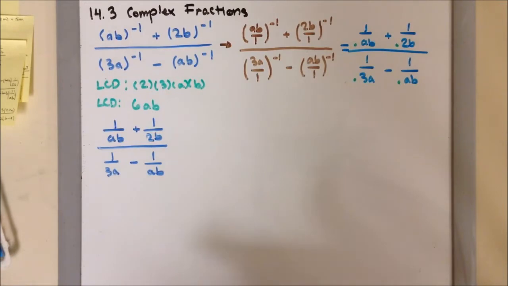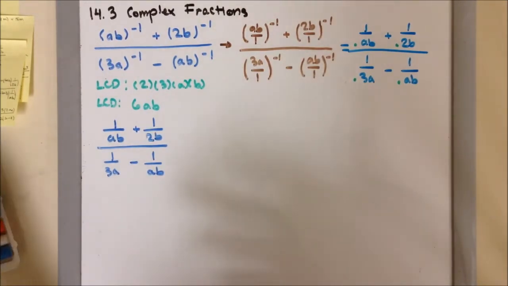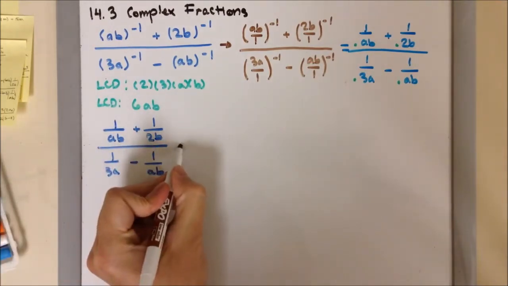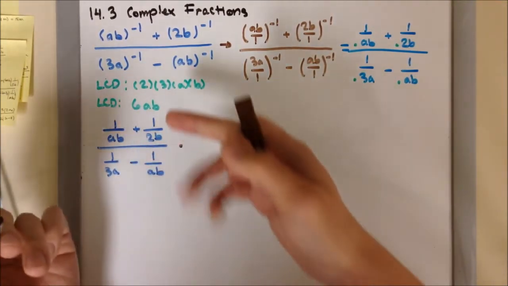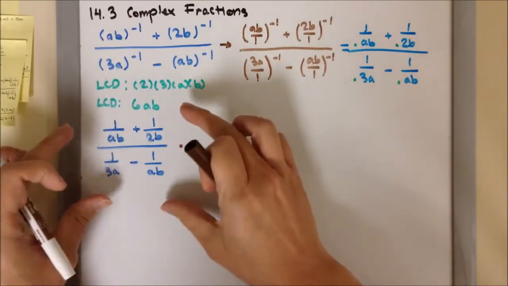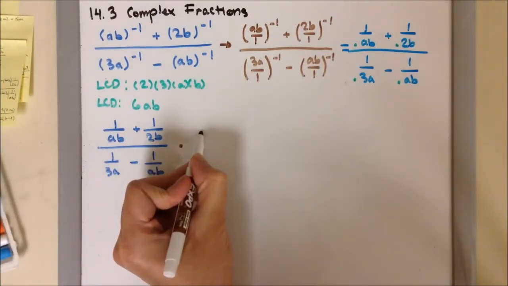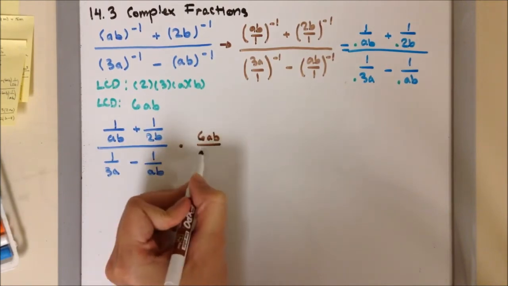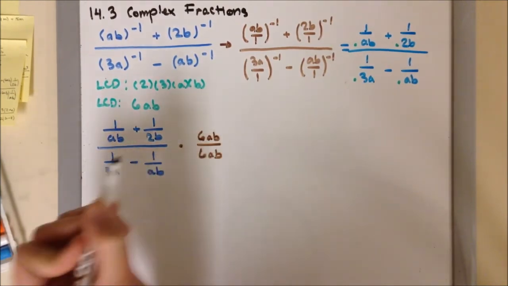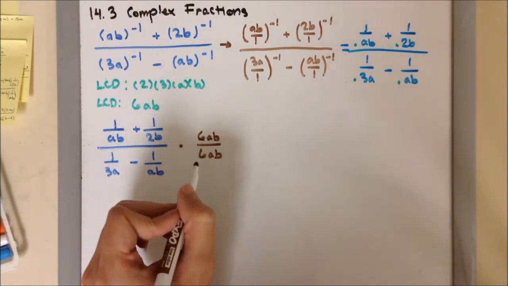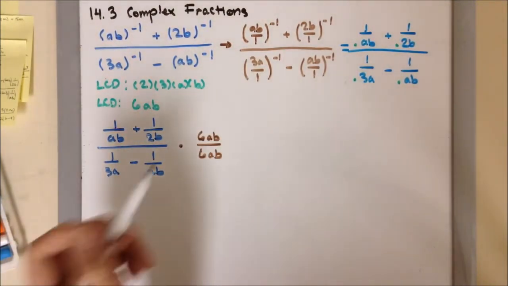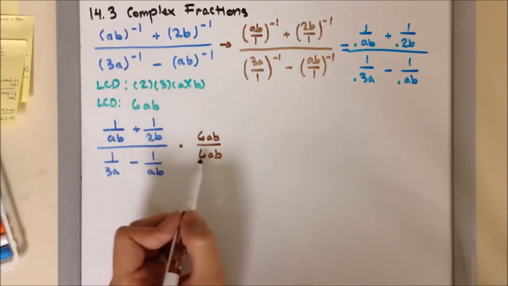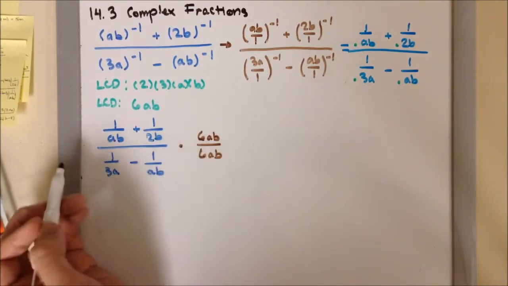Just like how we did before with the 1 concept, where the 1 is converted to a fraction and the numerator and the denominator are the same, in the form of the LCD, I'm going to multiply the complex fraction by 6AB over 6AB. This fraction becomes a 1, but we're going to use the form of the LCD, distribute to the 2 fractions in the numerator, and distribute to the 2 fractions in the denominator.